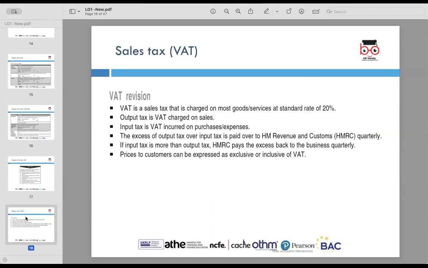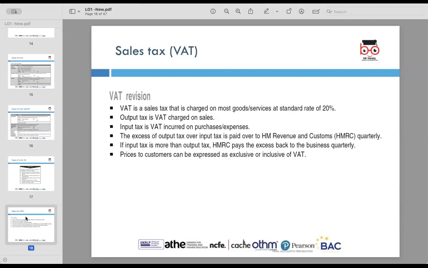It is calculated based on the selling price of goods or services and must be collected and reported to HM Revenue and Customs. Input tax is the VAT incurred by businesses on their purchases of goods and services. This includes VAT paid on purchases and expenses related to business operations.